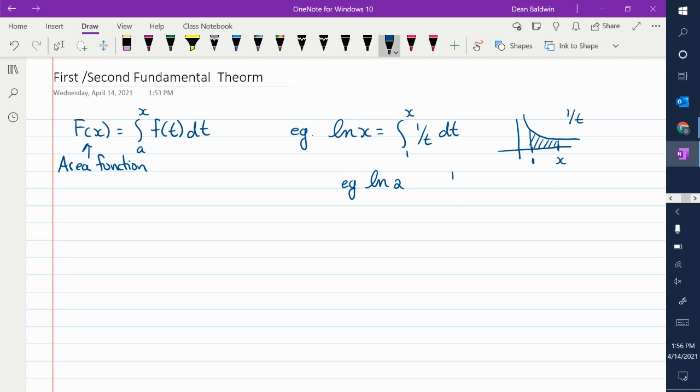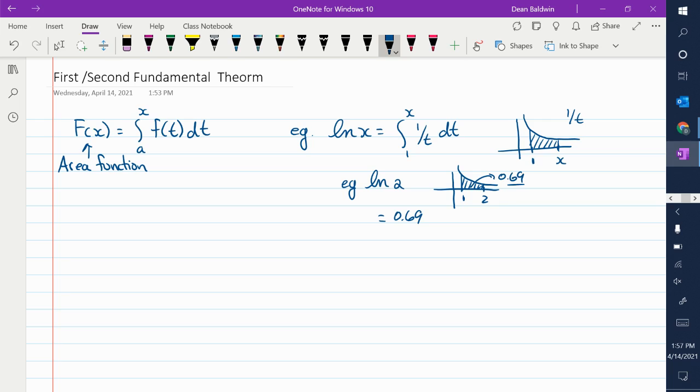What is happening is it is the area from 1 to 2 of that graph. So when you punch natural log of 2 in your calculator and it gives you 0.69, it means that area is 0.69.